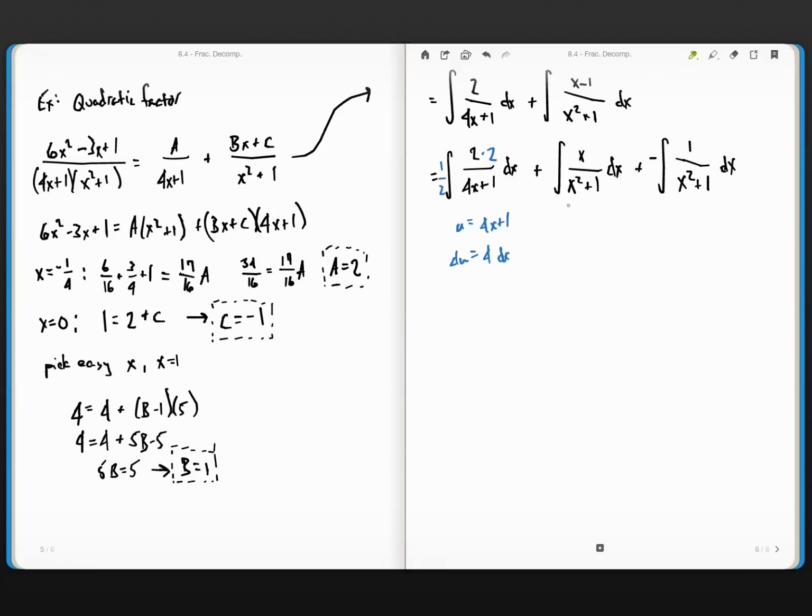And let's look at this one here. How's this one going to work out? Same deal, except this time I'm going to use v equals x squared plus 1, and then dv equals 2x dx. So I have an x dx, I just need a 2 here, which means I just need a 1/2 there.